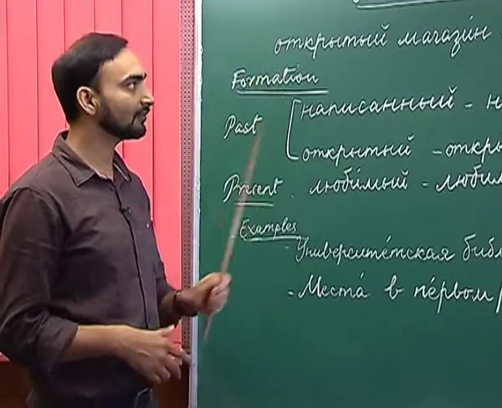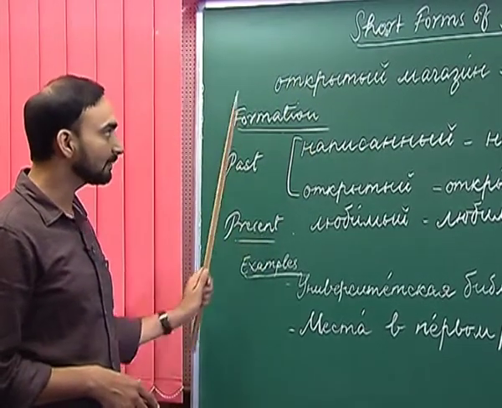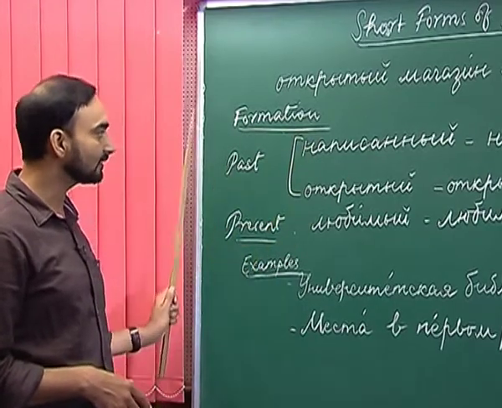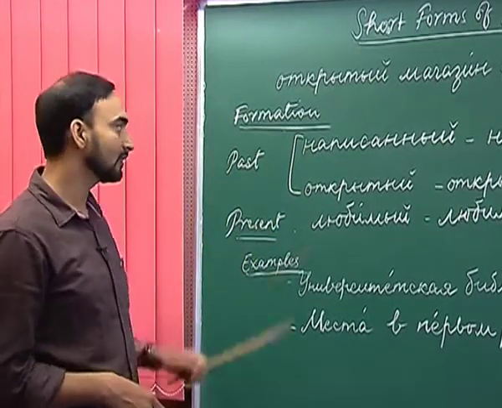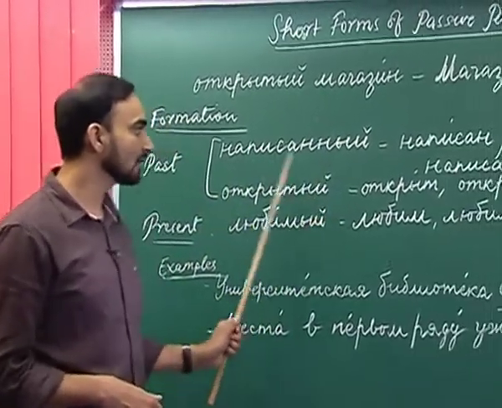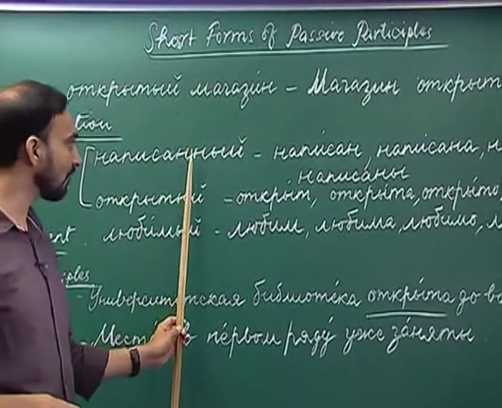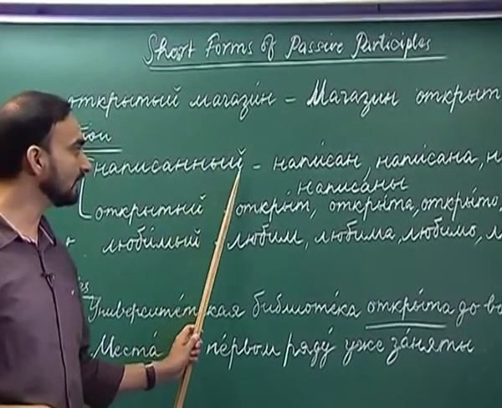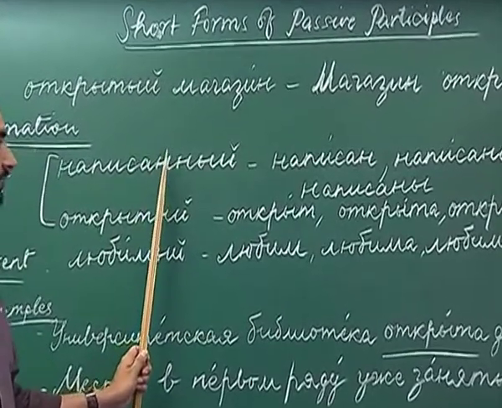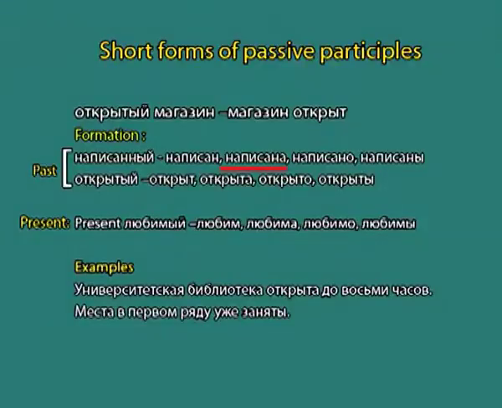The short forms are formed from both. From the past participle passive, for example, написанный, how do we form the short form? You just drop the н, ый and the ending. If there are two н, you have to drop one н and the ending. So, we get написан, which is the masculine form.